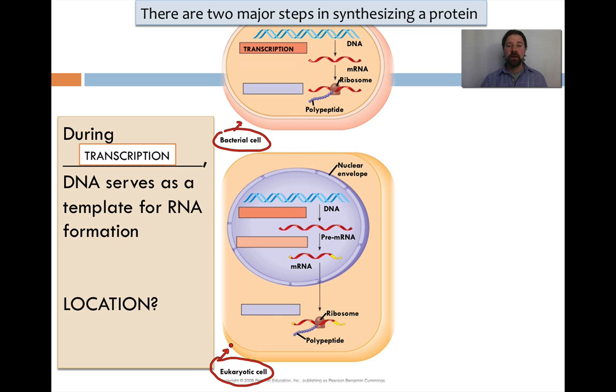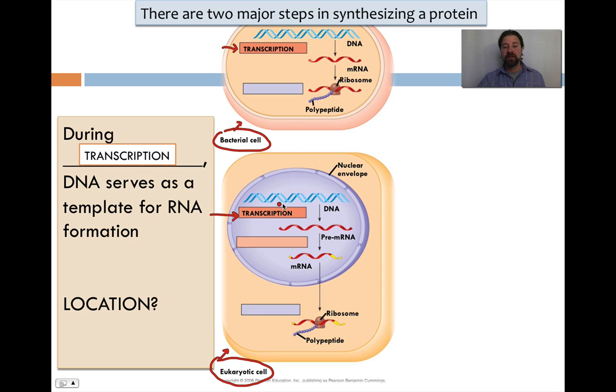Okay, so in our prokaryotic cell, we can see that transcription happens inside. We know there's no defined nucleus in a bacterial cell. But inside of our eukaryotic cell, we can see transcription does happen within the confined nucleus. And what's going on here, and you can see it from the diagram, is that your double strand is producing a single-stranded mRNA.